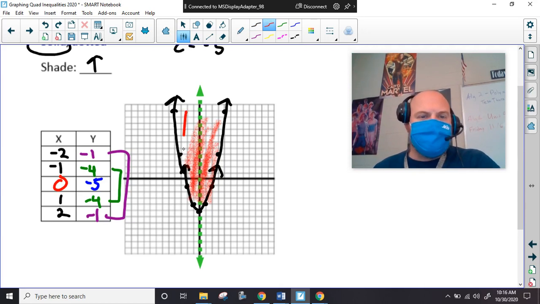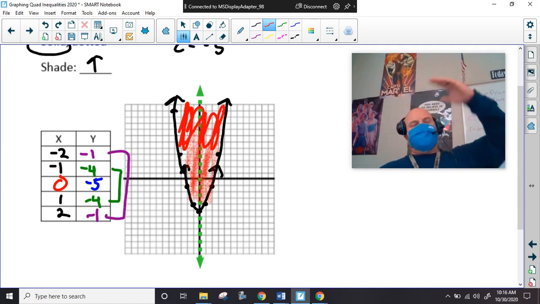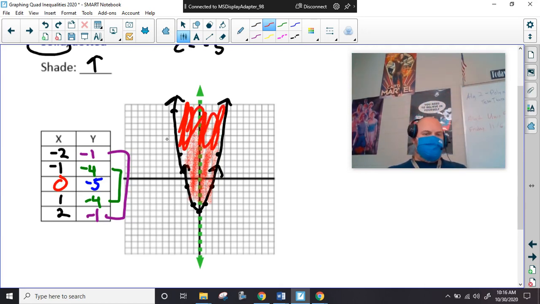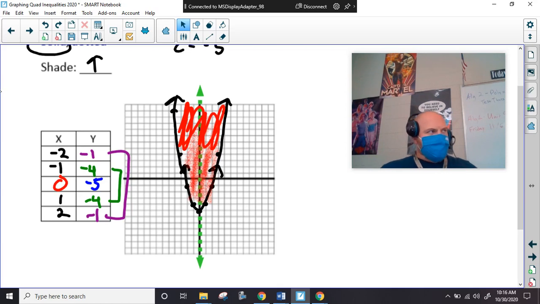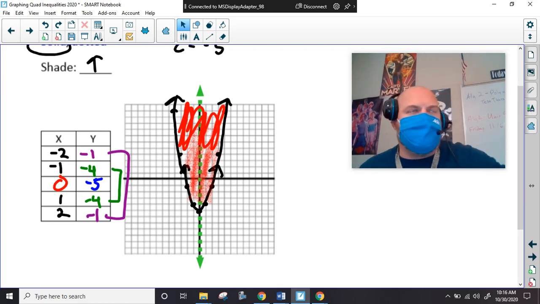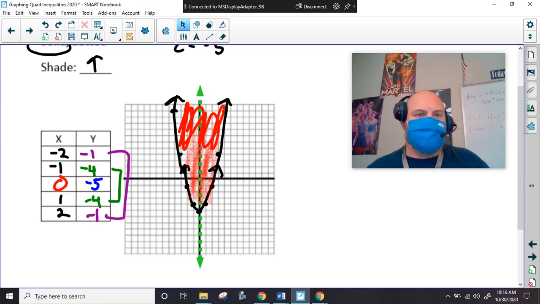But it's basically still going to be in the middle of it because that's above it. Again, not a real difficult concept. It's kind of a neat thing we get to carry on from graphing and stuff.